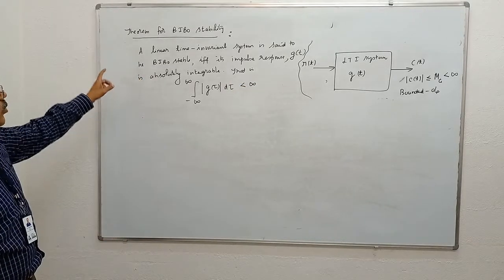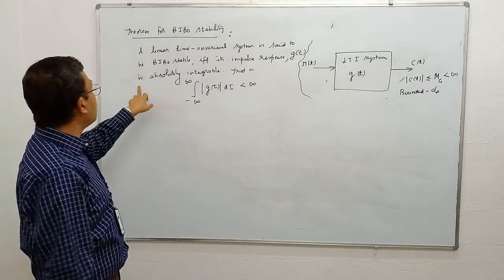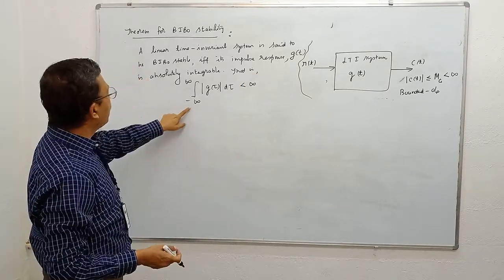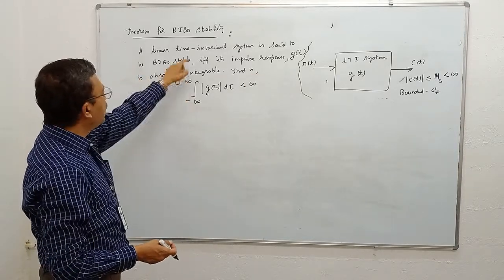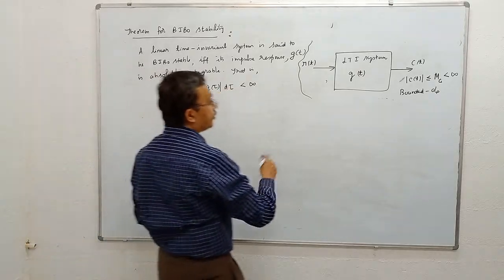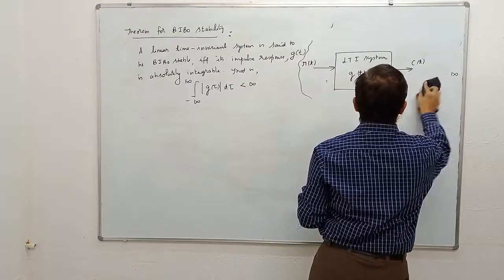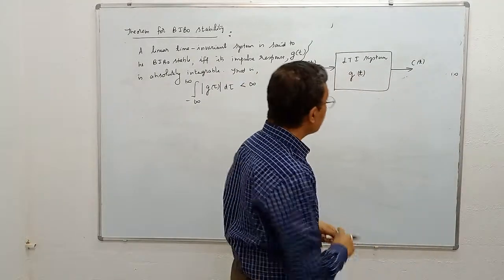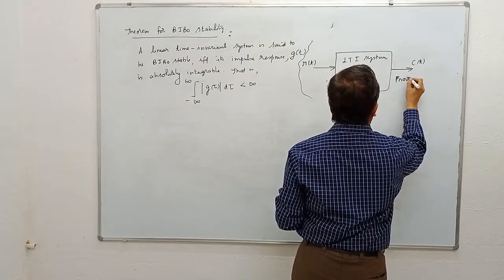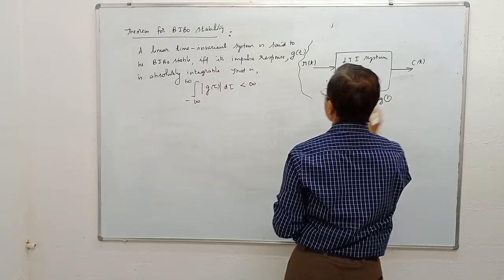A linear time invariant system is said to be BIBO stable if and only if its impulse response g of t is absolutely integrable. That is integration from minus infinity to plus infinity modulus of g of tau d tau is less than infinity. I am going to prove this now. Proof. This is figure number 1.